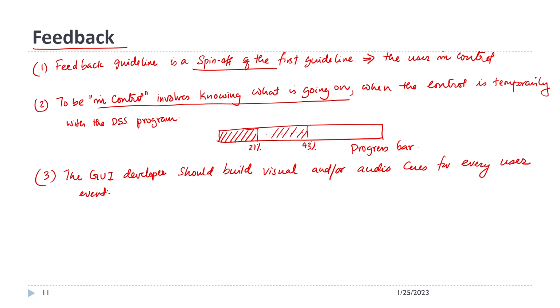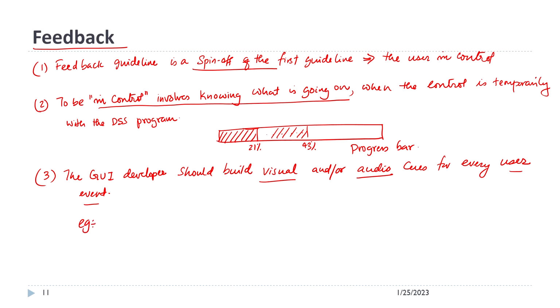Okay. So, an example is when you click a button you see a circle or a beach ball or something, which is a visual cue, whereas when you click a button you get a chime or a ting sound, which is an audio cue. Okay. So, for every user event, that provides feedback to the user, which gives the user the feeling that he or she is in control.